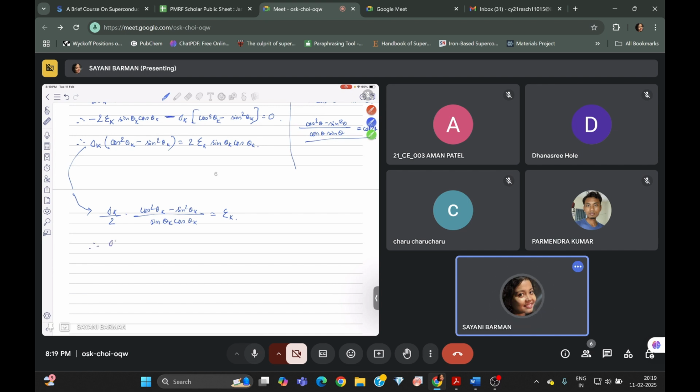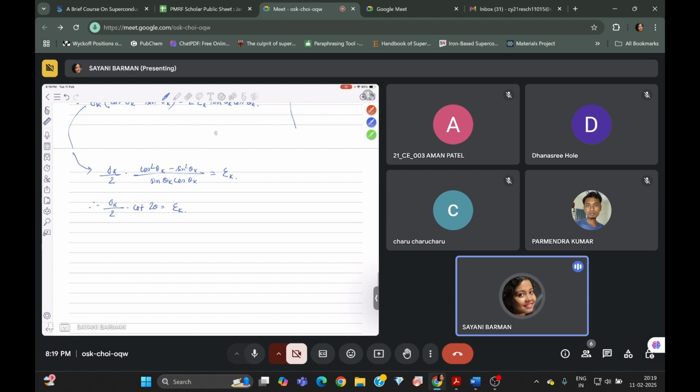Right. Hence, del suffix k by 2 into cot 2 theta equals to this. Then cot 2 theta means tan 2 theta will be the opposite one. Means if you do the 1 by thing, it will be, means if we take the cot theta here, del k by 2 into theta k. So this is the expression we got.